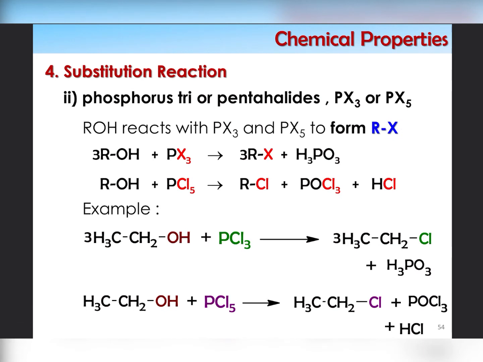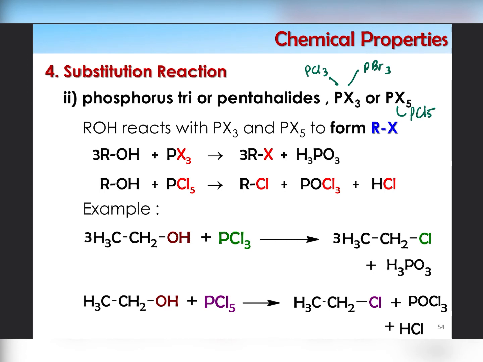Okay, so next kita tengok reaction dengan phosphorus tri ataupun pentahalide. So remember, kalau PX3 dia boleh PBr3 ataupun PCl3. Kalau PX5 pentahalide boleh PCl5 sahaja. Okay, so kita tengok the reaction.